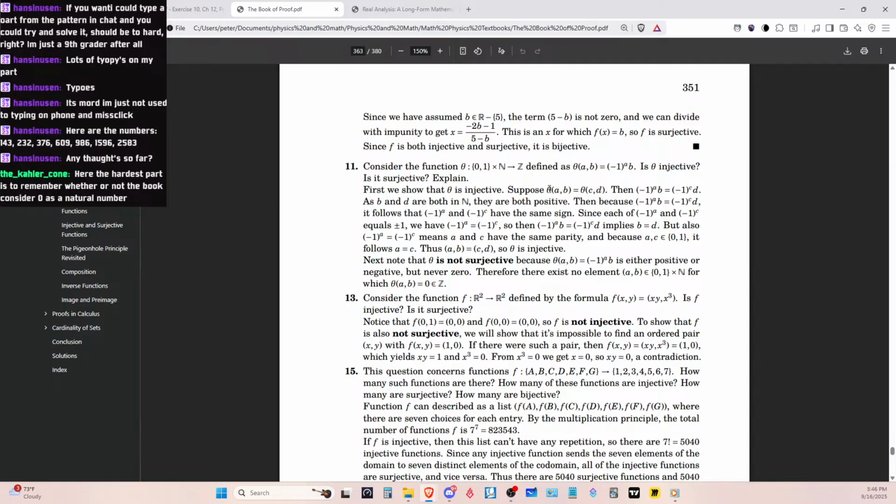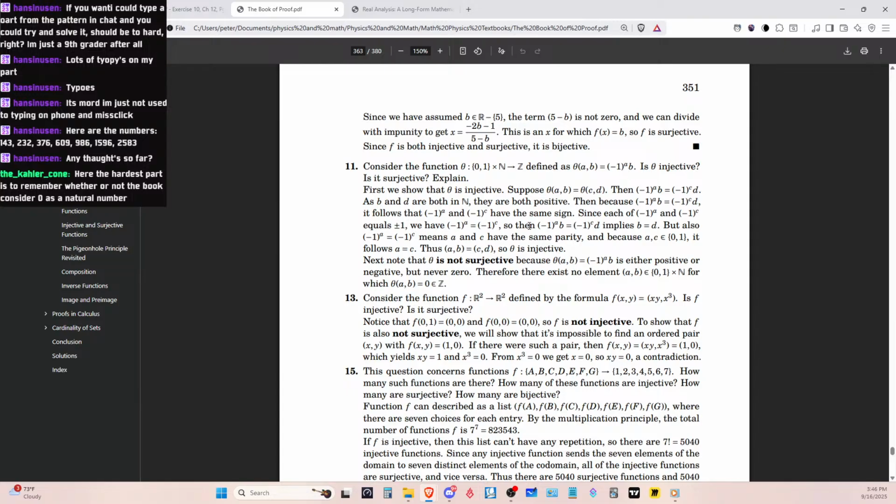We first show that it's injective, as B and D are both positive and natural numbers, which allows that they have the same sign, since it's equal to +1 and -1.